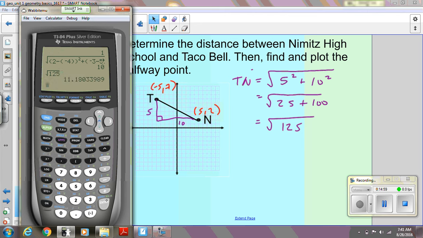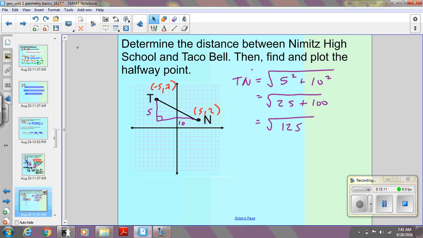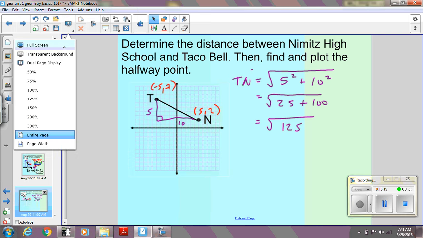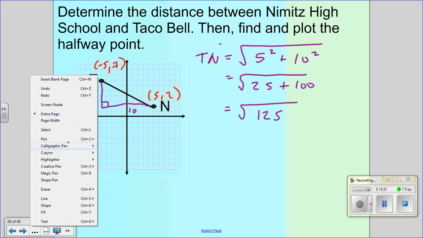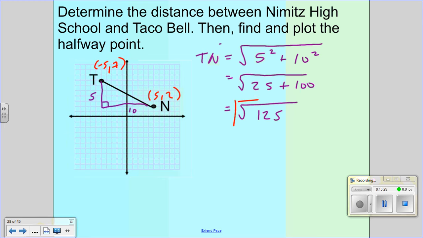The reason it gives us a decimal is because 125 is not a perfect square. And so it's approximately 11.18. If it was a test or a quiz, I would allow you to leave the answer as the square root of 125. I might even prefer it. So this is a good answer.